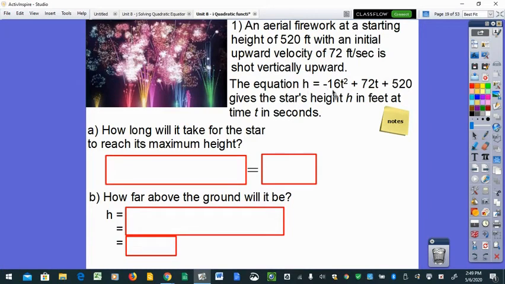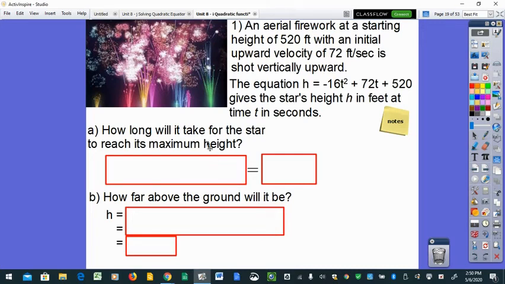So here I've given you the equation, and we have to answer two questions. Part A: how much time will it take for the star to reach its maximum height? So how much time before it maxes out? And then part B: how far above the ground will it be? What will that height be? Both of these questions come from our vertex.